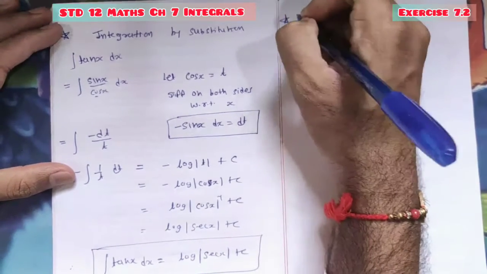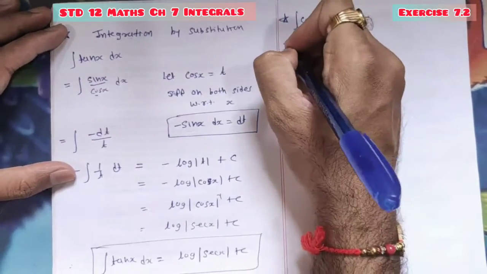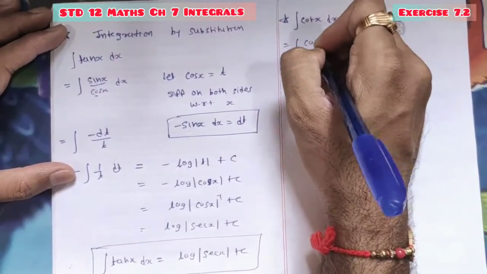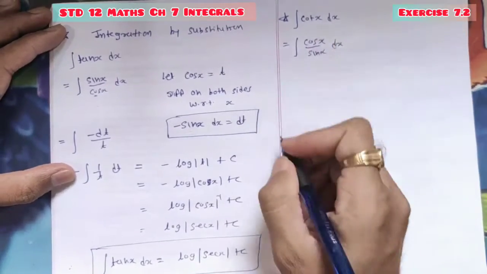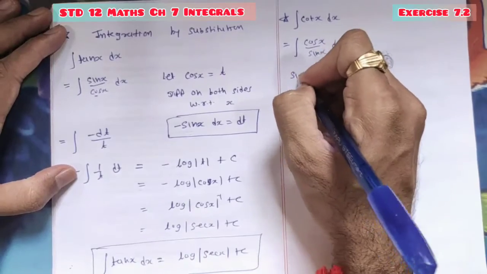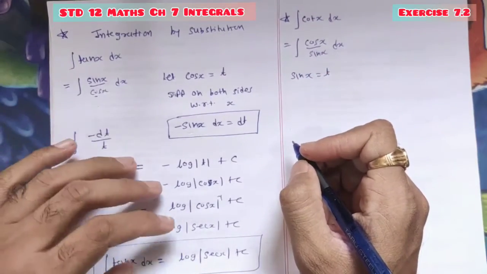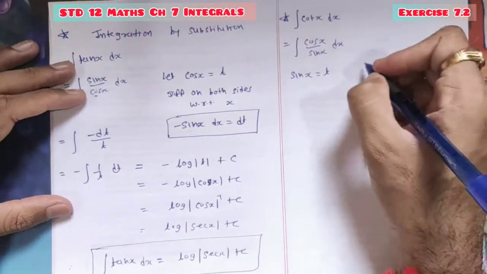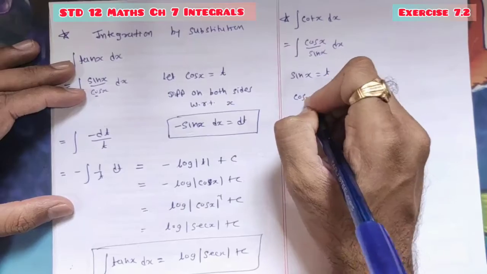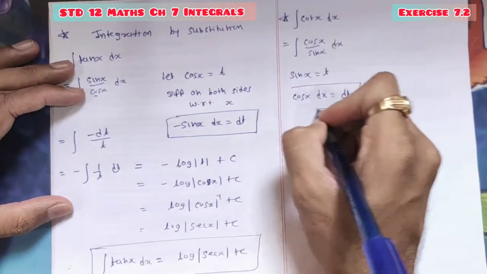Next formula, integration of cot x dx. So now this cot x is nothing but the cos x upon sin x dx. Now our substitution is taking sin x equal to t, differentiate on both sides with respect to x. So it will be cos x dx equal to dt.